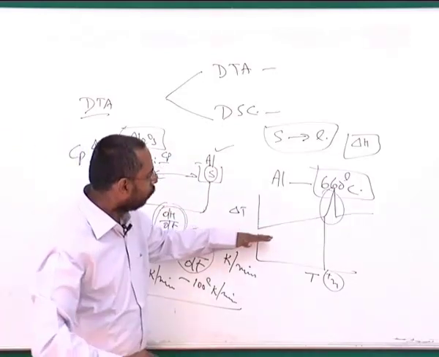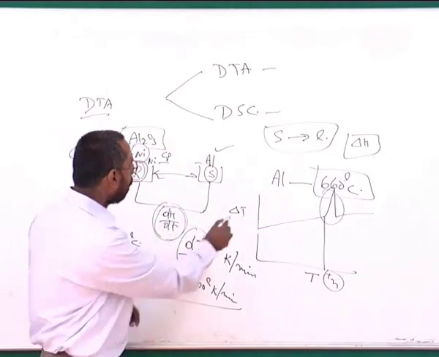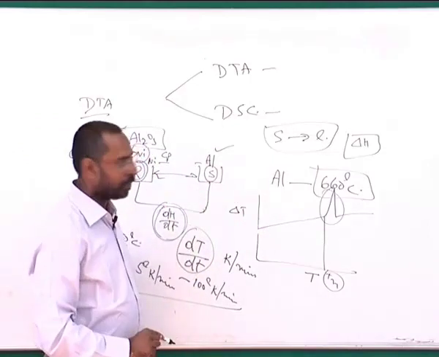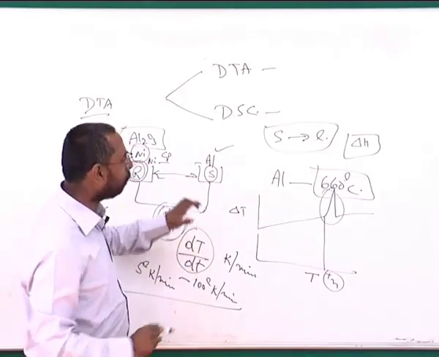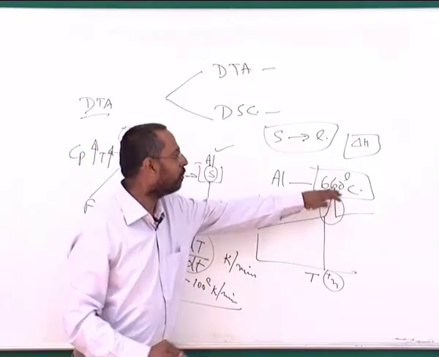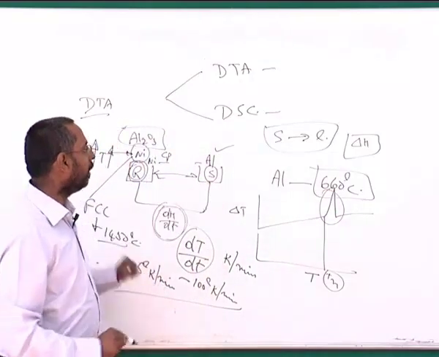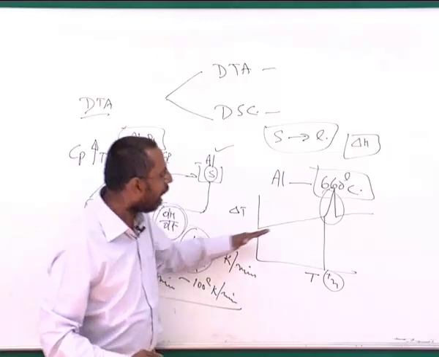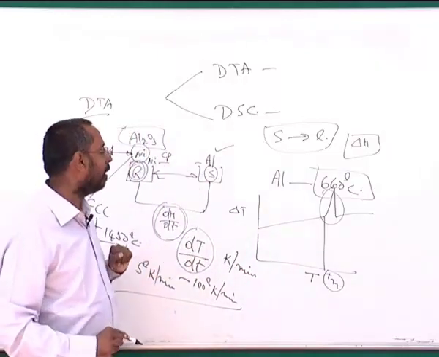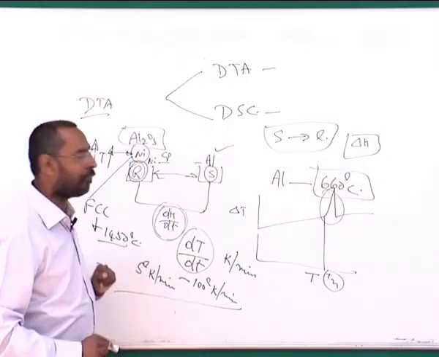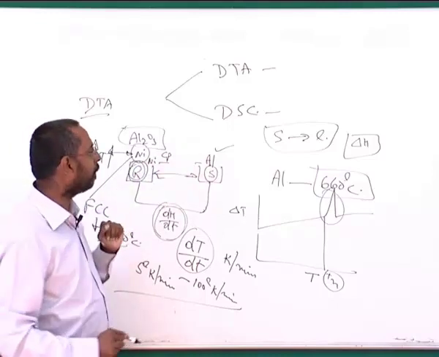And if I plot the temperature difference between these two, until the transformation starts in this particular sample, it will be almost zero, or a slight increase because of the CP difference between these two.